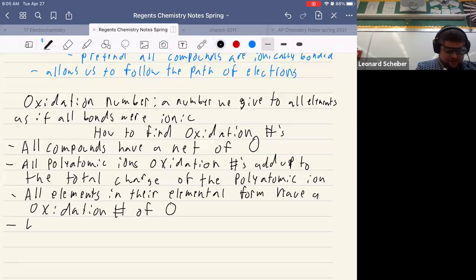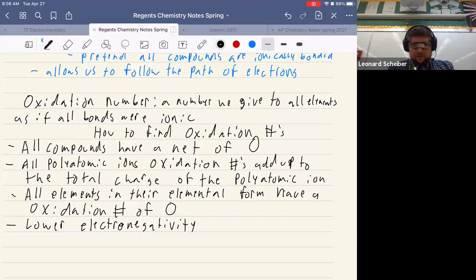Finally, the lower electronegativity element will have a positive oxidation number.